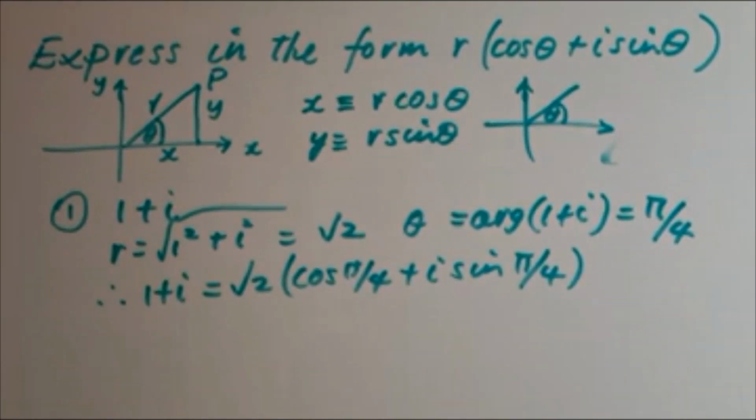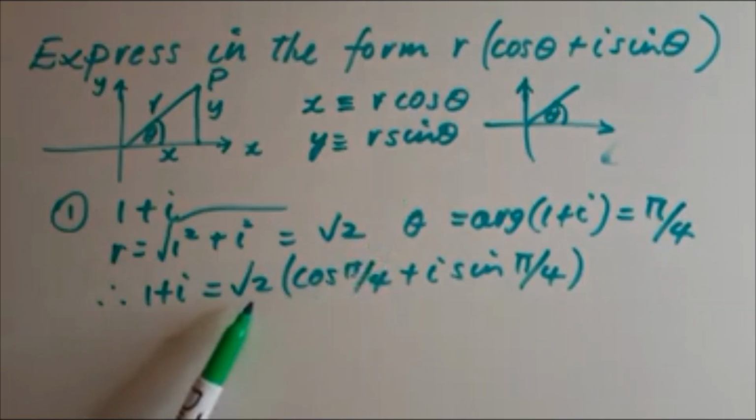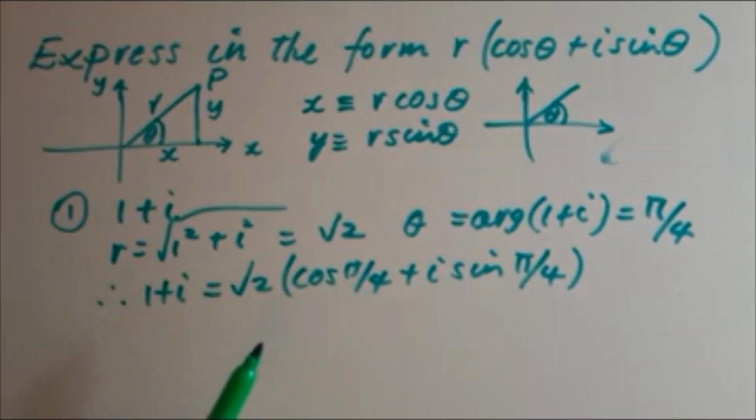So there we have it. We have our complex number 1 add i, and we've expressed it in the form r, which is root 2 in this case, cosine theta, which is cosine pi over 4, add i sine theta, which is pi over 4.